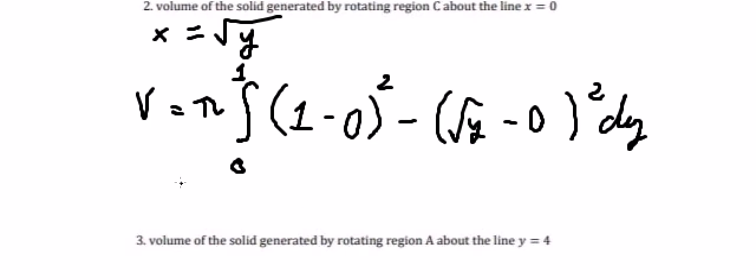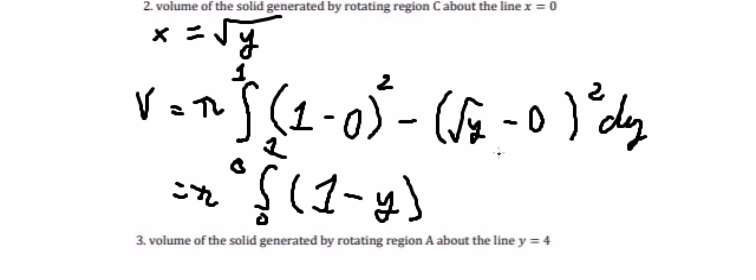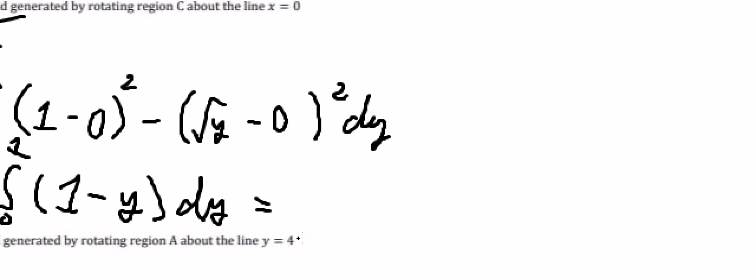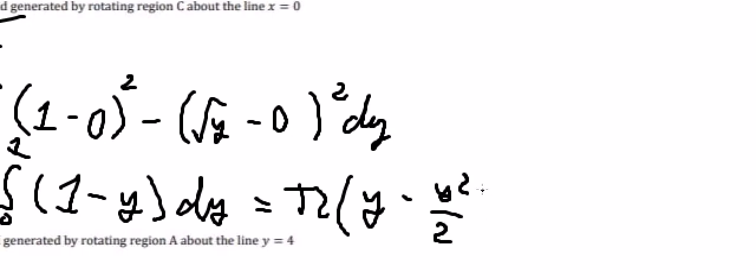So we calculate this one. This one you get 1, this one you get y, and you get dy. We get the final answer. The integral of 1 is y. This one is y squared over 2. So we get pi over 2.